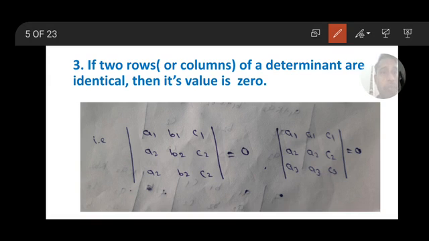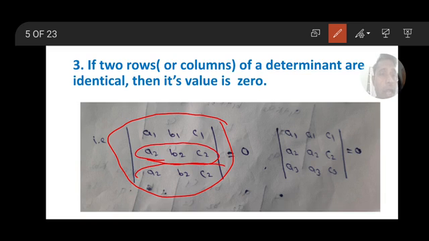For example, in this determinant, A1 B1 C1, A2 B2 C2, A2 B2 C2, the second row and third row are the same. Identical means same, so directly the determinant value is 0. No need to expand it, we can directly put it as 0.